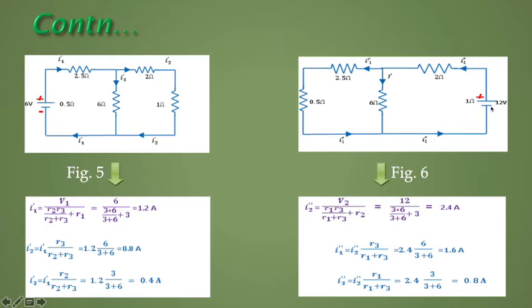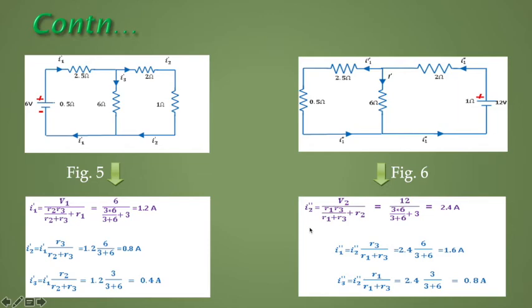Similarly, find the total resistance of the circuit. 0.5 and 2.5 are in series, so this total resistance is 3 ohm. These 3 ohm and 6 ohm are in parallel. These resistances, 2 ohm and 1 ohm, are in series. Okay. Then find I2 double dash.